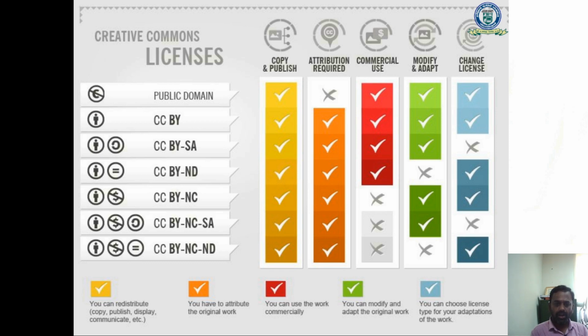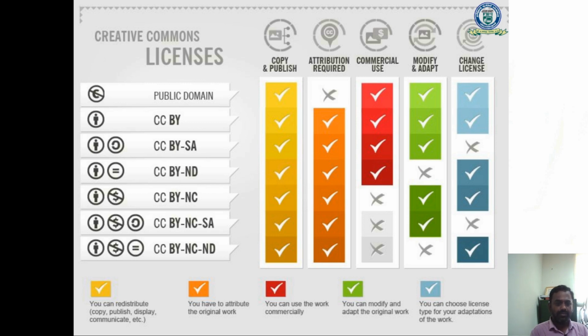that is, we can copy and publish, you can use it commercially, you can modify and adapt it, you can change the license if it is a resource in the public domain. Whereas the resources attached as CC BY can be copied and published, it can be attributed, it can be used commercially, you can modify and adapt it, you can change the license also.